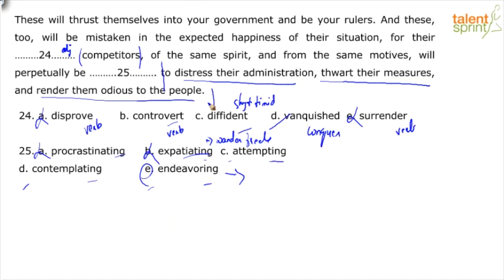They have a specific goal or a purpose. So, when you're working towards something specific, right? You have a goal or purpose in mind. This is a more appropriate word, endeavoring.